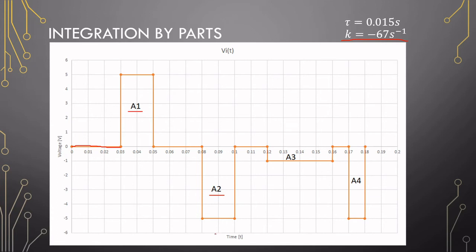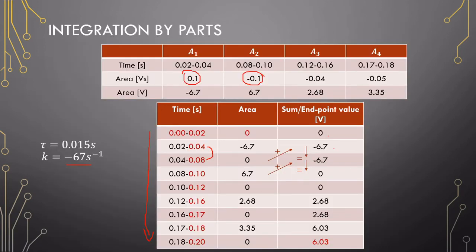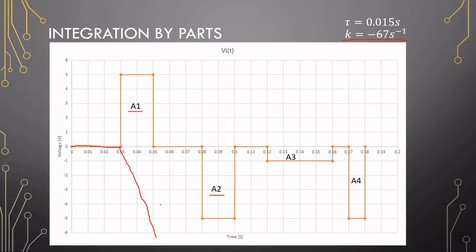Okay, so it's a bit out of the chart, so down here somewhere. So from here, our signal should go downwards to here somewhere. Okay, and then it would remain constant from 0.04 to 0.08.